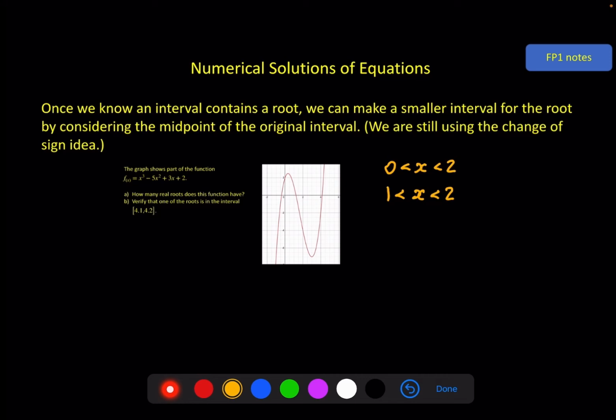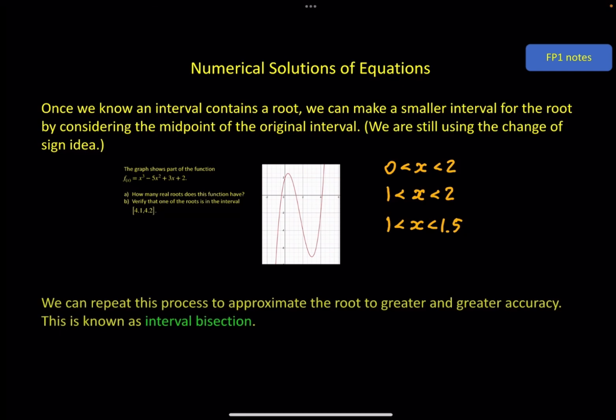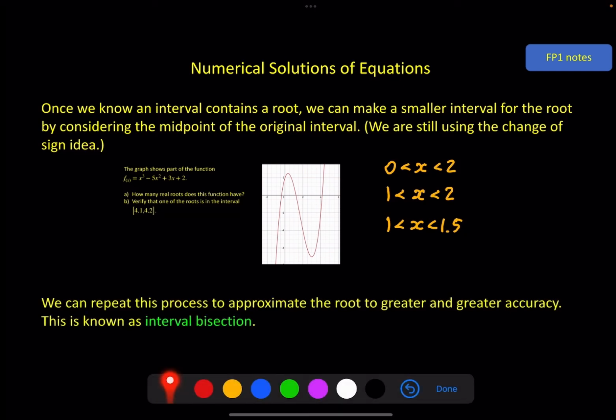And then you take 1.5 and you find that the answer is negative, so to keep a change of sign you're going from 1 to 1.5. And there's still a change of sign when you evaluate the function at these two, so the root is inside this interval. And slowly you can see that your interval gets better and better, and eventually you get whatever accuracy you need. And this is called interval bisection.